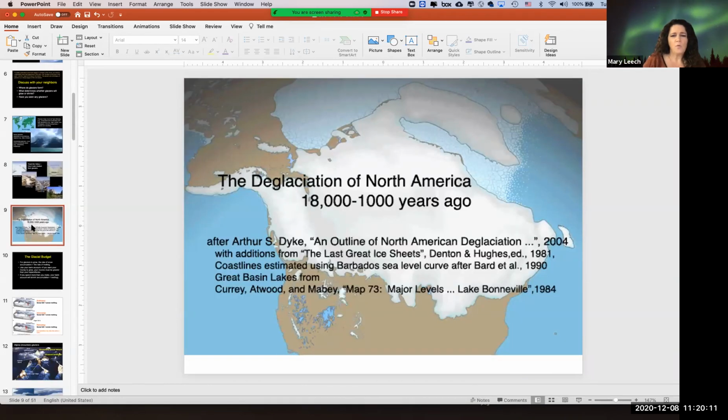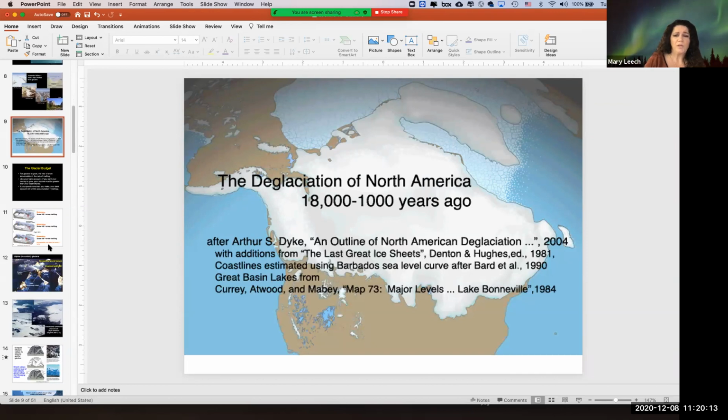Okay, so in the last glacial period, after 20,000 years ago, as the glaciers are receding, that means that Yosemite Valley, that glacier is pulling back, receding out of the valley.